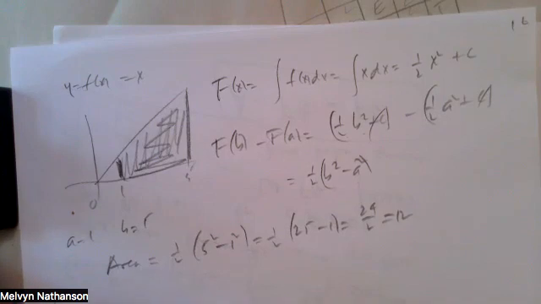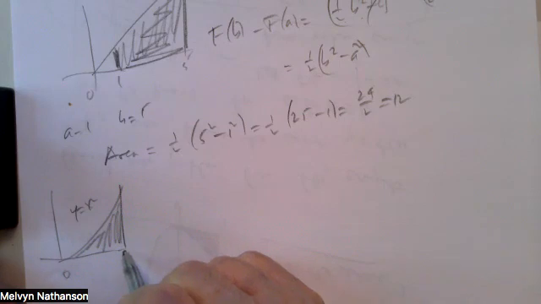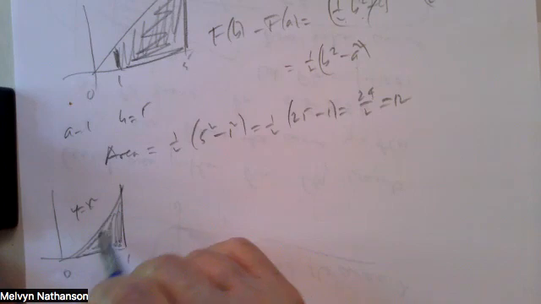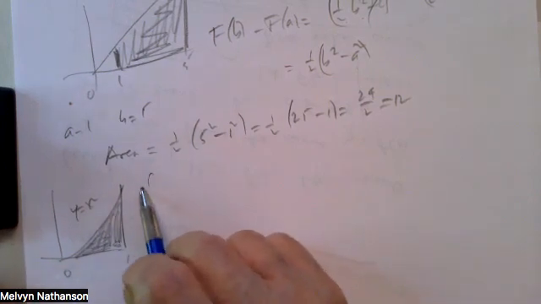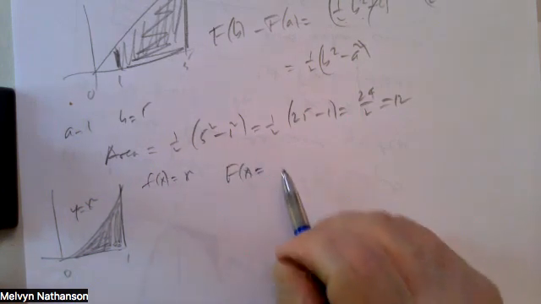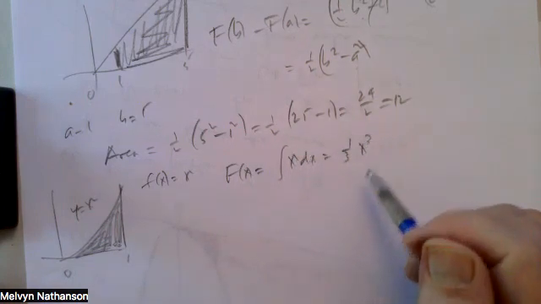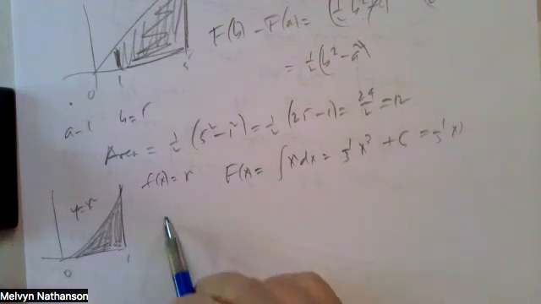Suppose I want to solve my problem about the parabola. Here's the curve y equals x squared. I want to find the area under the parabola from 0 to 1. That's really a hard problem. I don't think the Greeks could have solved that when they were inventing geometry. So I have the function f of x equals x squared. The integral of x squared dx is a third x cubed. I'll take the constant c equal to 0.